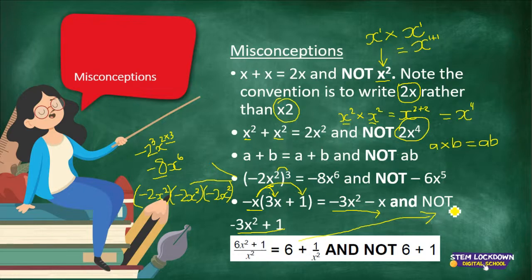This one was calculated in this way: 6x squared, plus 1, everything is divided by x squared. So the 6x squared is divided by x squared. The 1 is also divided by the x squared.